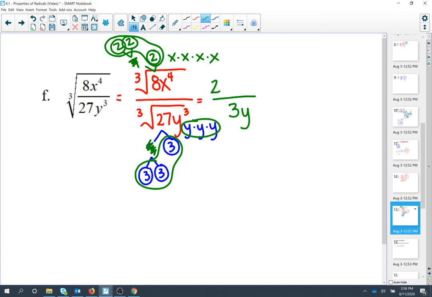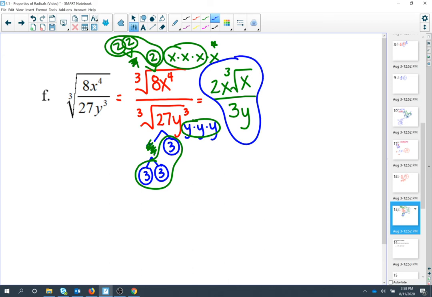The other 2 don't make it. And then for my x's, there's a group of 3. So x gets out, and then this guy goes back in. And don't forget that this was a cube root. So cube root, final answer, 2x times the cube root of x divided by 3y.